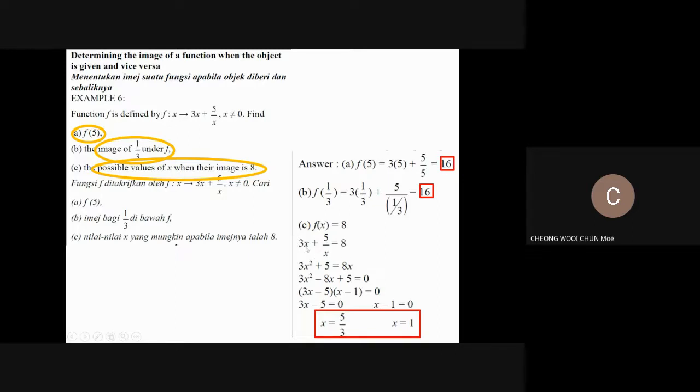So x multiplied becomes x squared. x multiply 5 over x, you get 5 only. And then 8 times x, you get 8x. Or you multiply all by x, also can. So you get 3x squared plus 5 equals 8x. So you need to change to general form. So 8x must change over this side, becoming minus 8x plus 5.